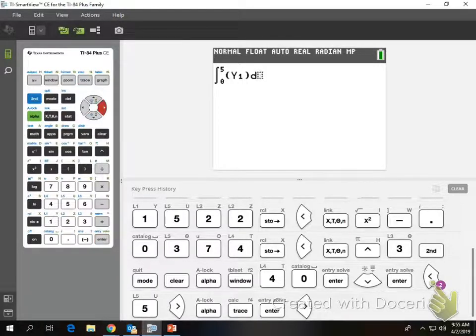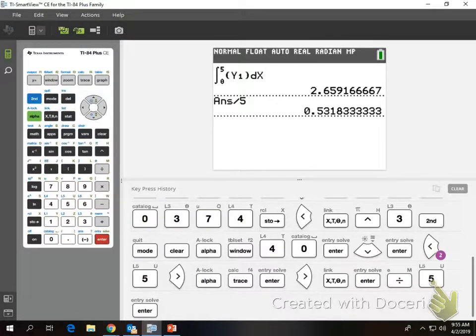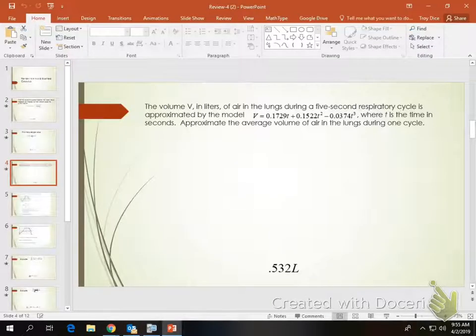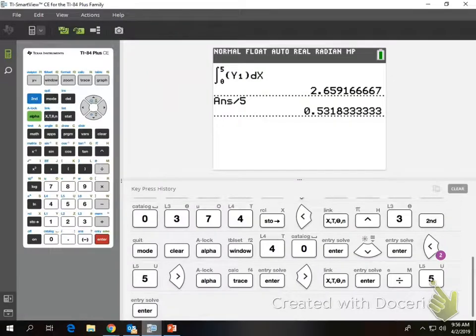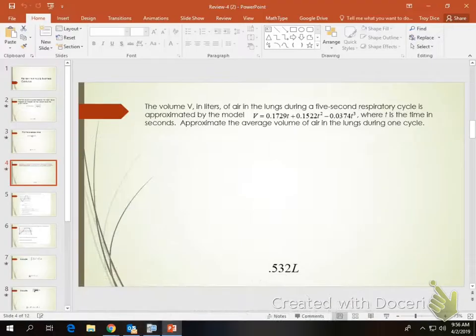So again, I just replaced the t's with x's, hit enter. And then what do I need to do? I need to divide that by 5, because I'm asking for the average value.